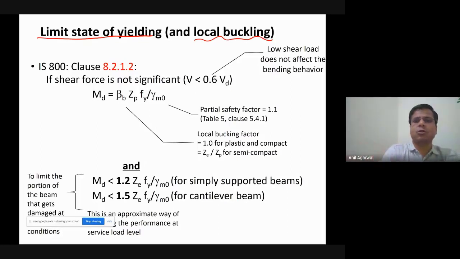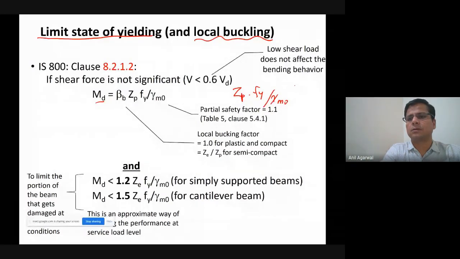If the cross section is compact or plastic, then the moment capacity Md is equal to Zp Fy divided by gamma M0. However, if your cross section is semi-compact, then your capacity is Ze Fy divided by gamma M0. This is for semi-compact.